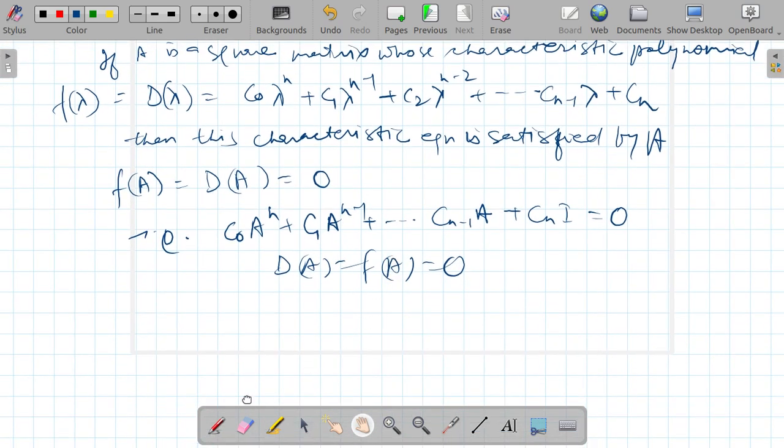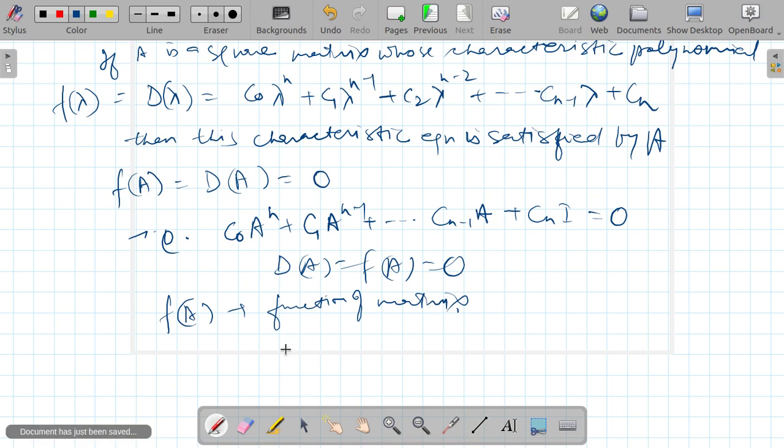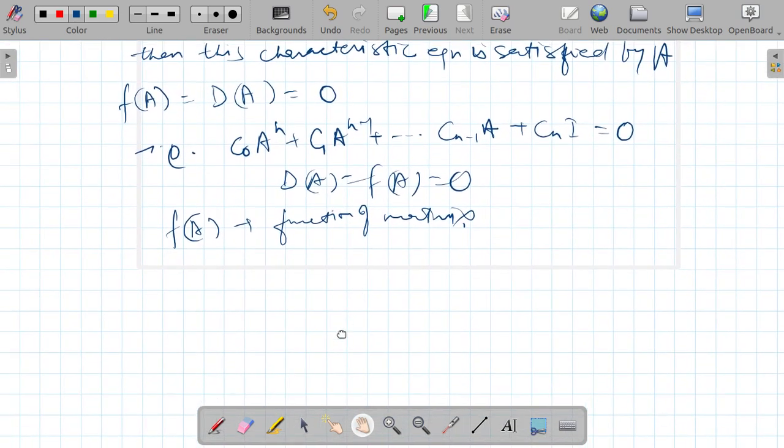And here f of A is known as a function of matrix. It means every square matrix satisfies its characteristic equation. That's what we are concluding from here.